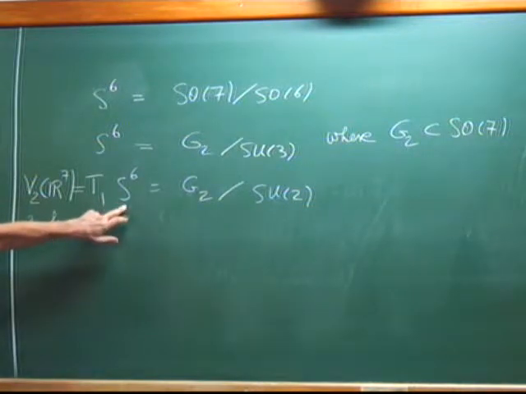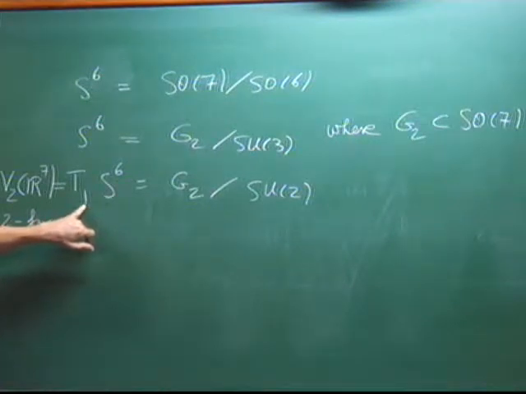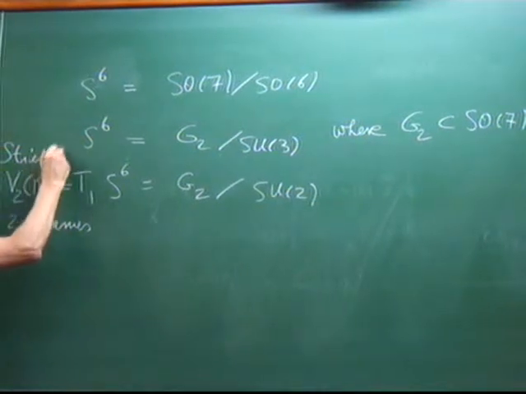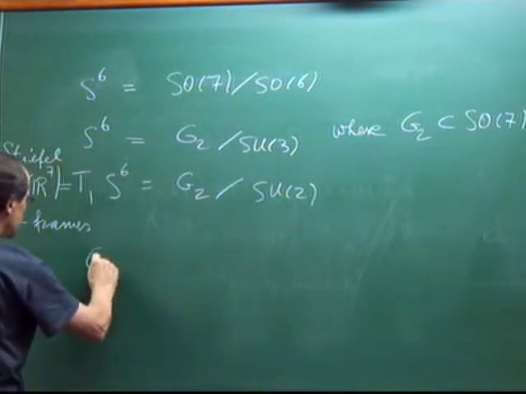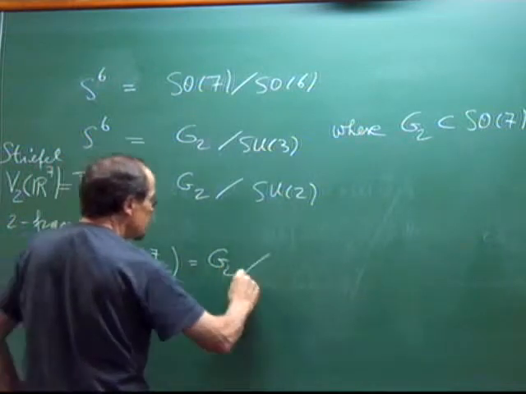It's a unit vector in R7, and the unit vector in the tangent space is orthogonal to the foot point, so it's two orthogonal unit vectors in R7. It's another way of regarding the unit tangent bundle. It's called a Stiefel manifold. I also have the Grassmannian of two planes in R7, and this becomes G2 mod U2.